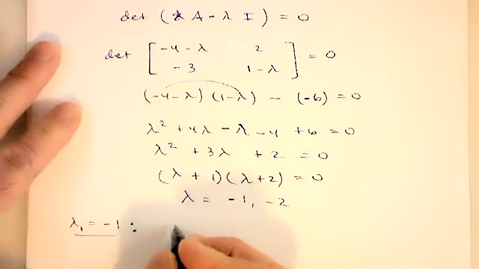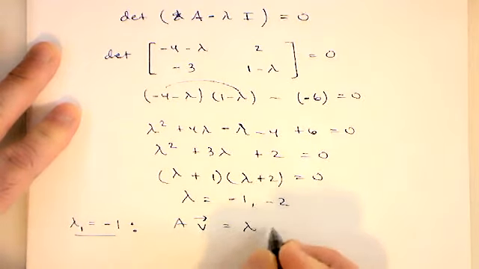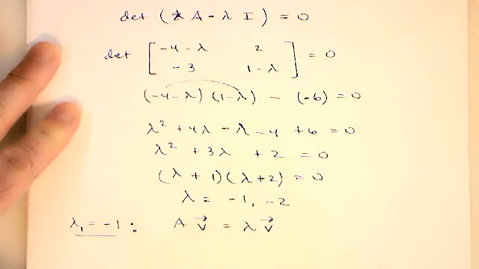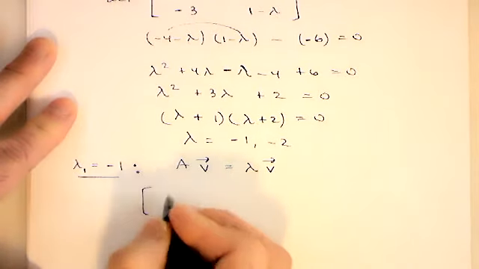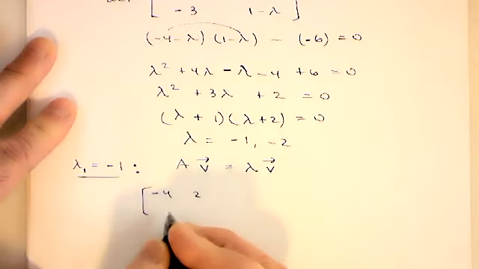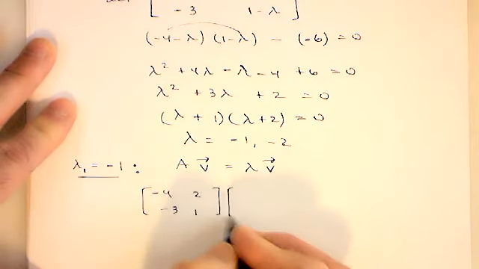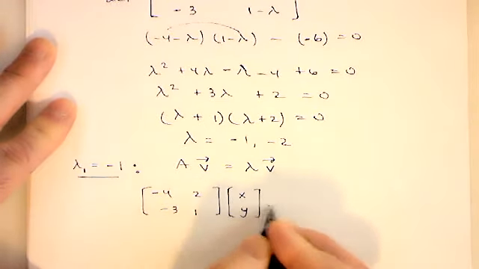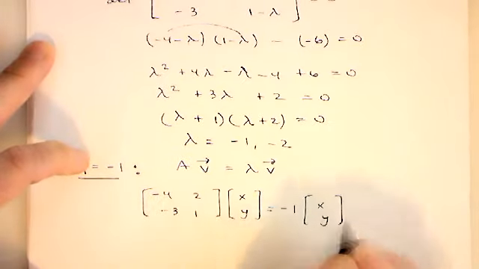And what you're always going to do is use the definition. My matrix times the vector I'm looking for is equal to lambda times my vector. So I have -4, 2, -3, 1 times a random vector equals -1 times my random vector.